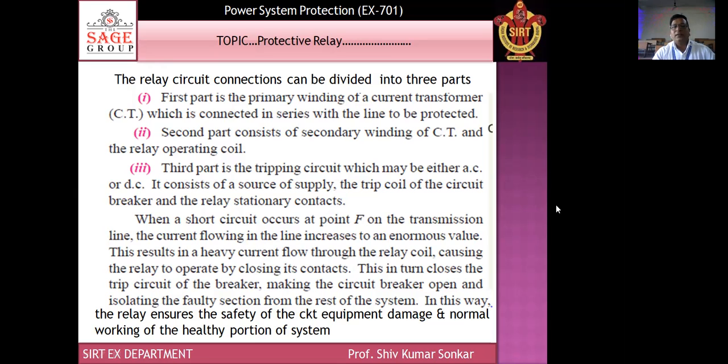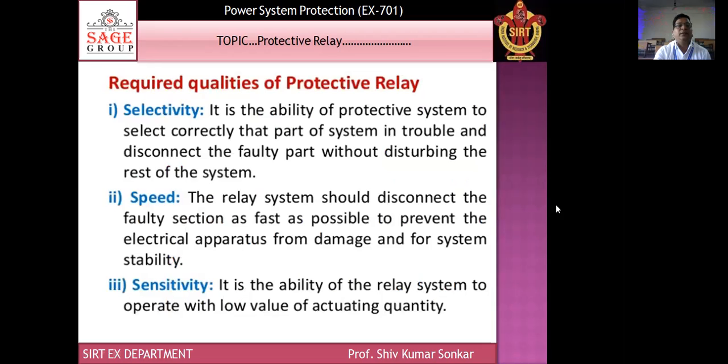This in turn closes the trip circuit of the circuit breaker, making the circuit breaker open and isolating the faulty section from the rest of the system. In this way, the relay ensures the safety of the circuit equipment from damage and the normal working of the healthy portion of the system.